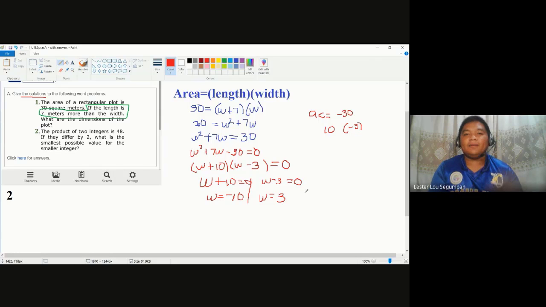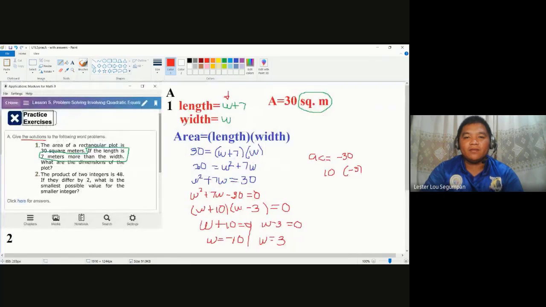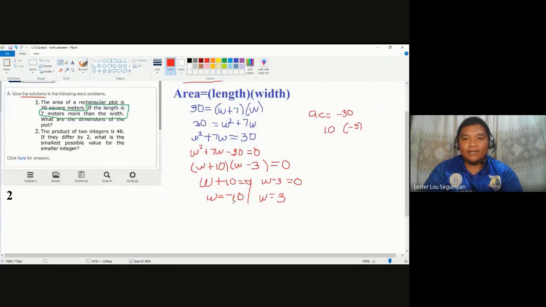We're not saying that both of them are acceptable, but let's find out later. When we talked about quadratic equations, we accepted both roots as values for the variable. But when we talk about real life situations, there might be restrictions as to which is acceptable and which is not. Take note that W is the measurement of the width, and the measurement should not be negative.